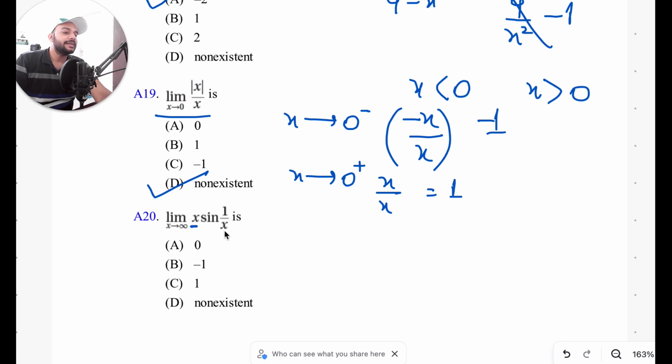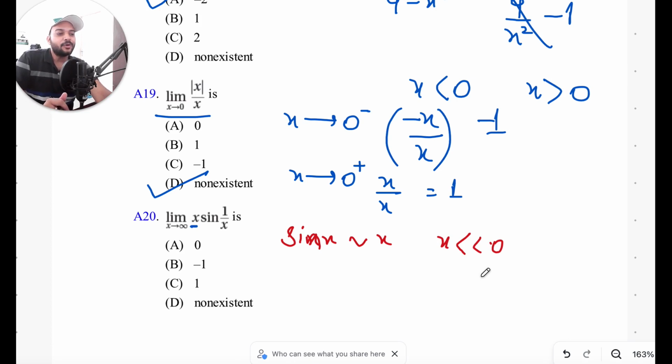So x sine 1 over x when x tends to infinity. If you look at the sine curve, for very small values of angle, we can say sine of x is approximately equal to x for very small x, less than 0 or 1, like that.